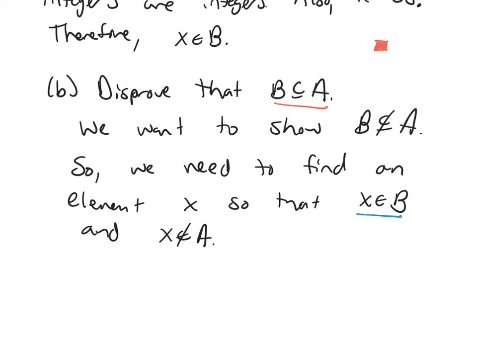I want x to be in B, which means it needs to be 3 times some integer, but it needs to not be in A, which means it can't be written as 6 times an integer plus 12. So you're going to have to think about multiples of 3.